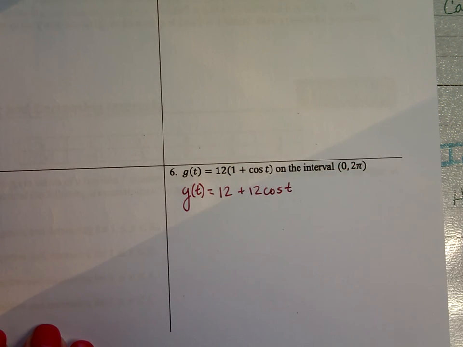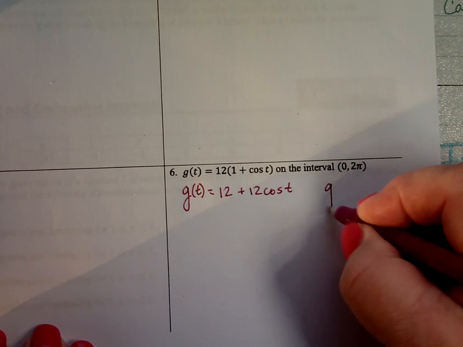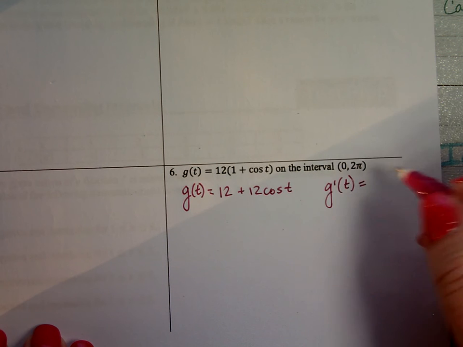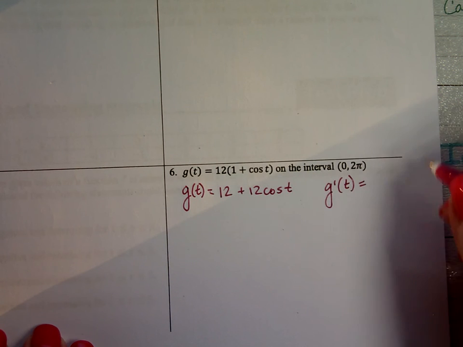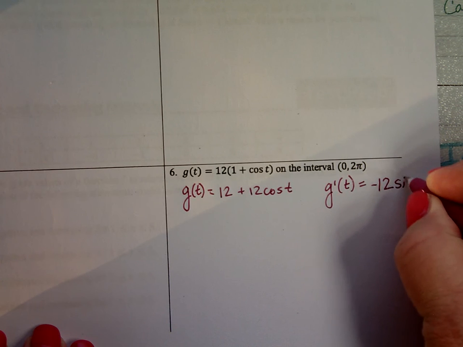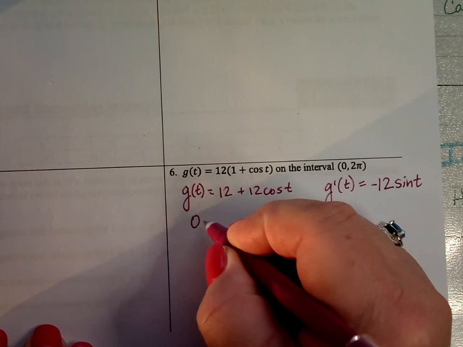And that's a little easier for me to take a derivative of, which means that g prime of t, derivative of 12 is 0, 12 cosine, derivative of cosine is negative sine, so it's going to be negative 12 sine of t. What am I supposed to do with that first derivative? I'm supposed to set it equal to 0 to figure out what goes on the sign chart.